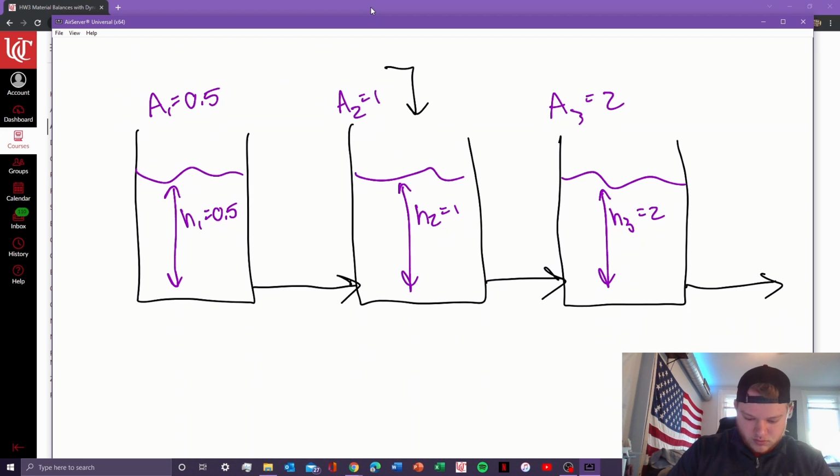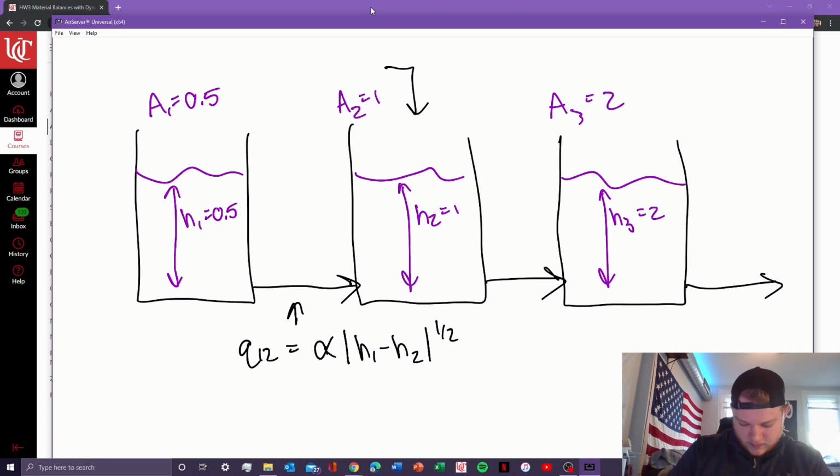So, what that is saying is that the flow between tanks 1 and 2 is equal to the proportionality constant times the square root of the absolute value of the height of tank 1 minus the height of tank 2. Notice it's an absolute value because you cannot take the square root of a negative number.